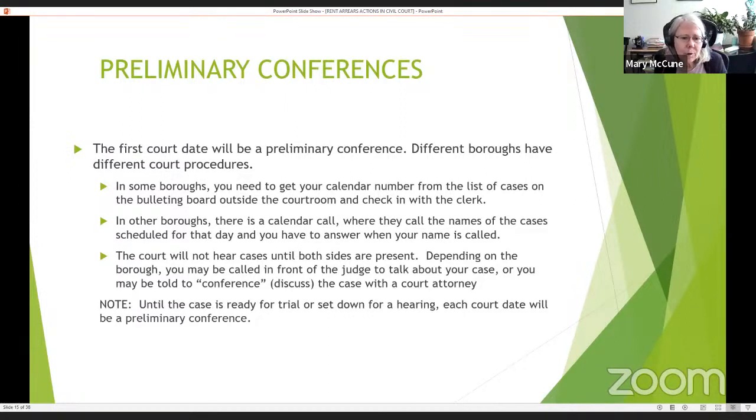So in your county, for example, this is the second bullet point, there's a calendar call. So you look at the calendar that's hung on the wall out in the hallway outside the courtroom, and you look for your name, and there's a single digit number next to the case name.